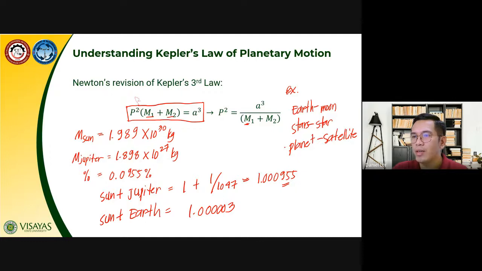So that is for the Earth. In that case, the orbital period of Jupiter in Earth's orbit would be a tiny, tiny amount shorter, which is around 1.000476. So the difference is still small.